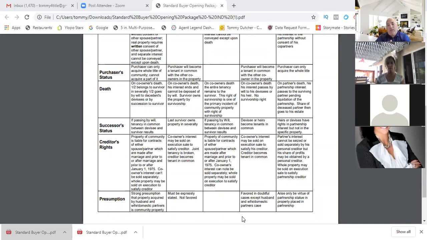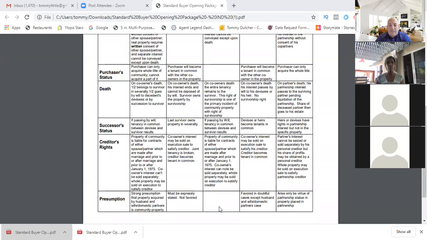Property of community and liability of contracts of either spouse or partner which is made after the marriage and after January 1st, 1975, the co-owner's interest cannot be sold separately. The whole property may be sold on execution to satisfy a creditor.